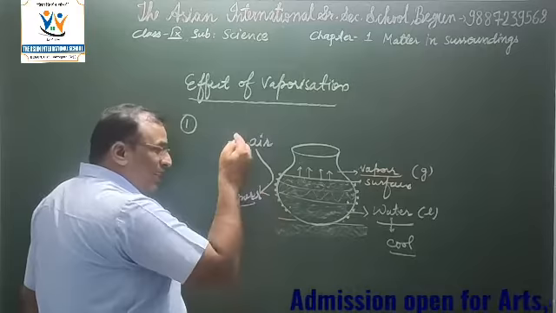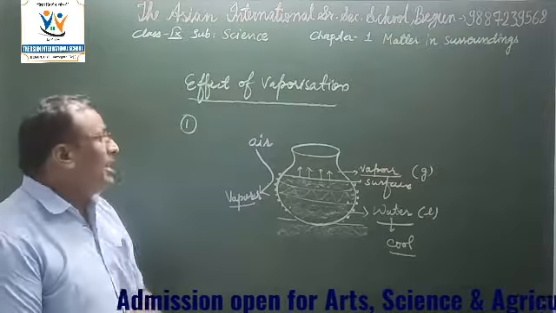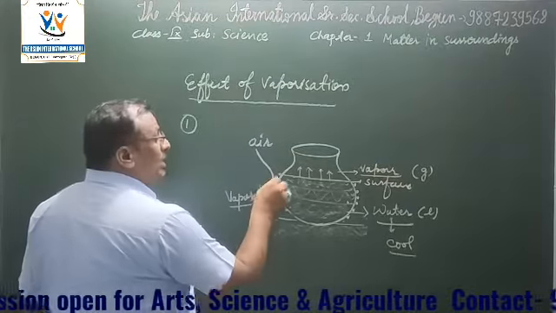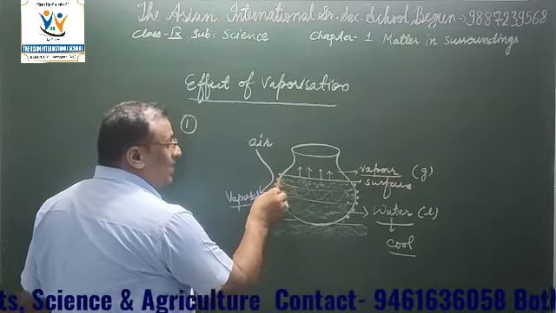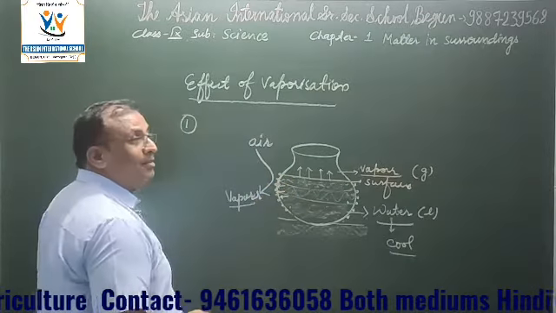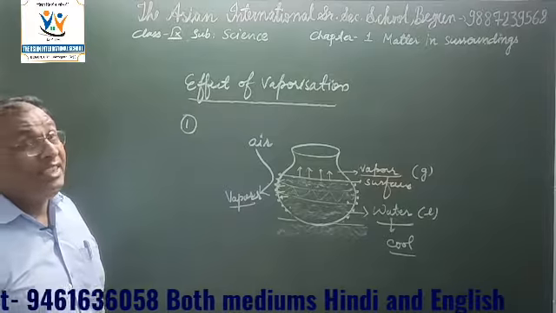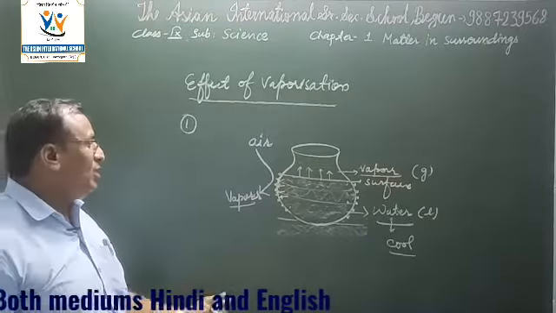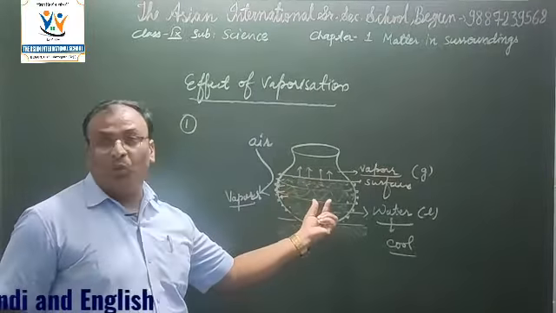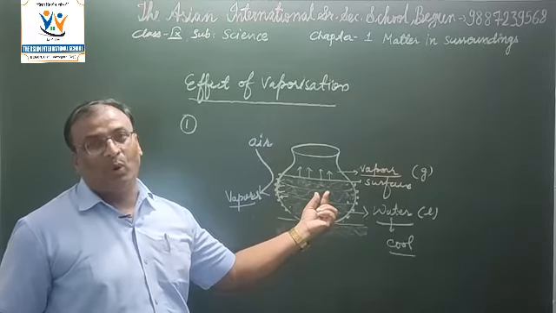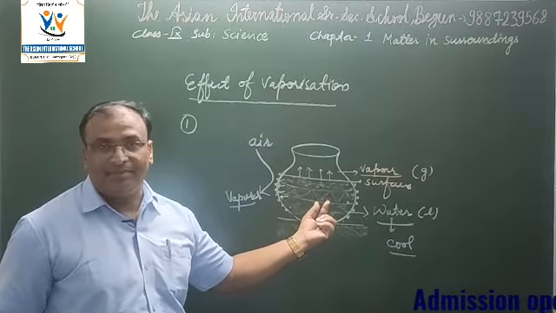When they change into vapor, at that time also energy is taken from the water present inside. In this case, the temperature of the water present inside the earthen pot becomes less.